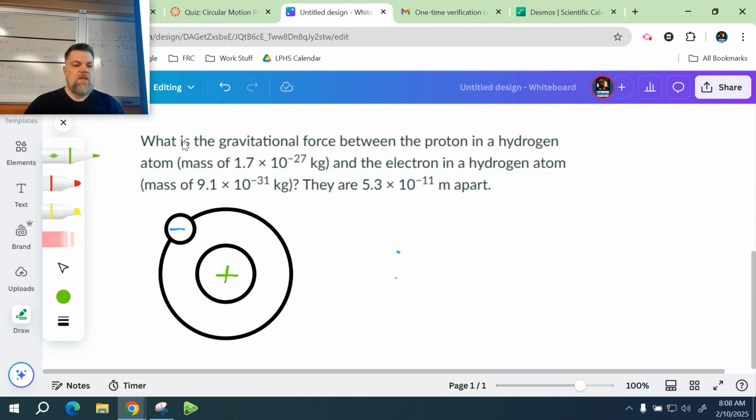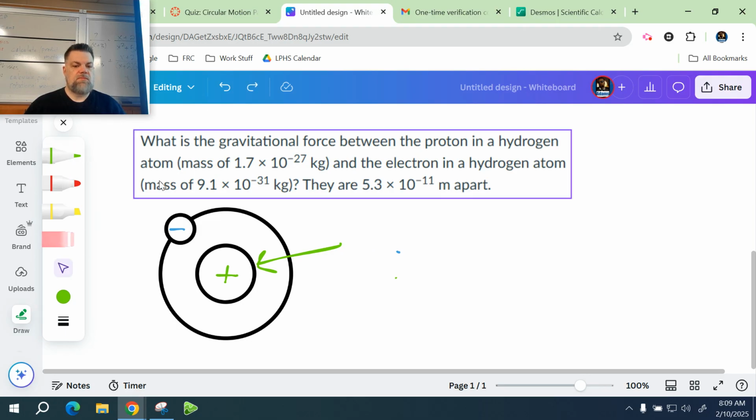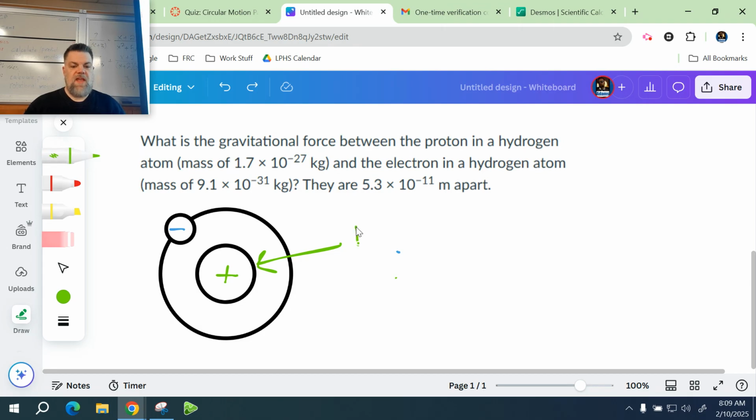All right. So then what does that tell me? Well, it says that the proton has a mass. The mass of the proton is equal to 1.7 times 10 to the negative 27 kilograms.